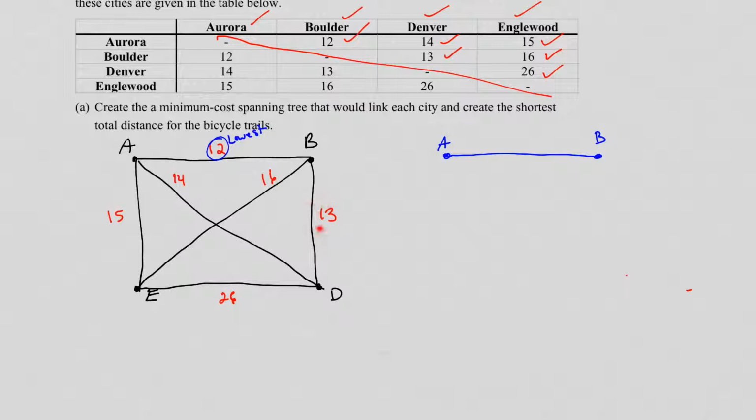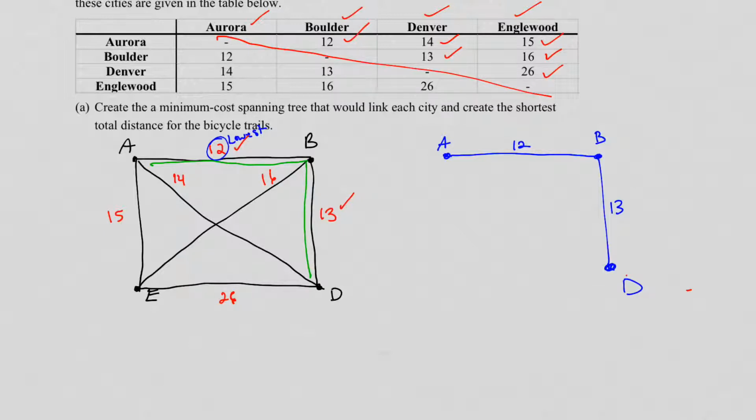And the cheapest way is 13. Okay? So we're going to do this one. We're going to do this one. Okay? So this was 12. This is 13.